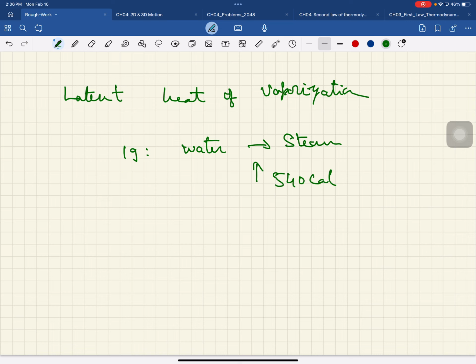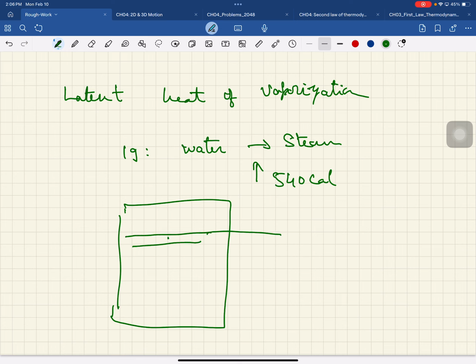So, in principle, here's inside your refrigerator, here's a pipe, and this was water, and somehow you convert that to steam, it'll absorb 540 calories of heat.